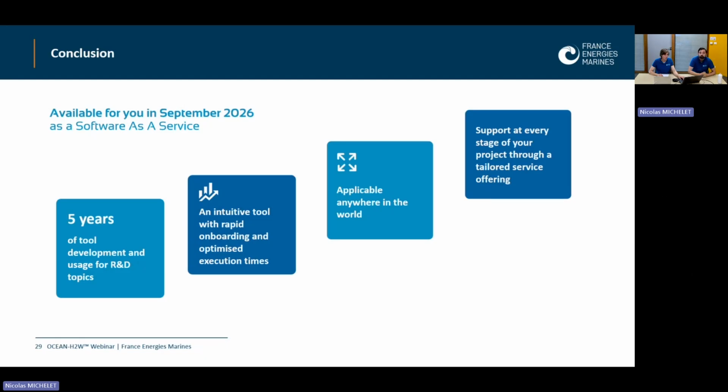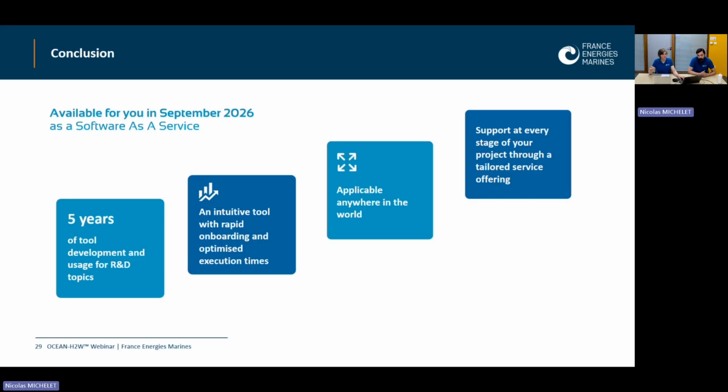We are reaching the conclusion, so just a few points to sum up the webinar. The tool will be available in September 2026 as a software as a service. So you will get access to the result of 5 years of tool development and usage for research topics.